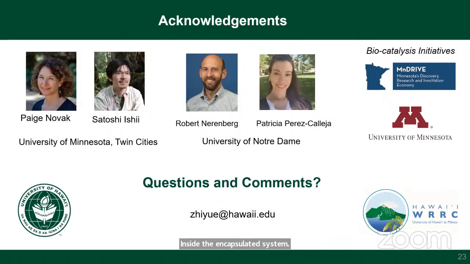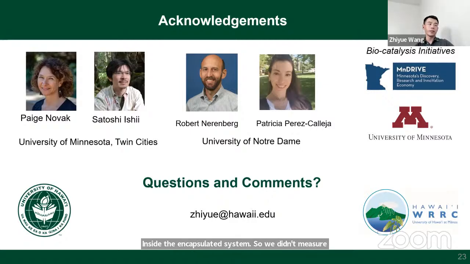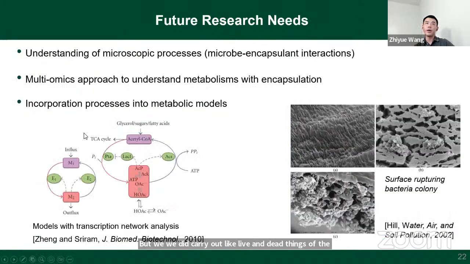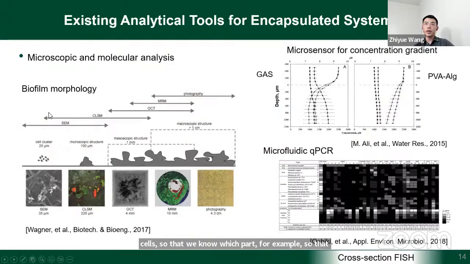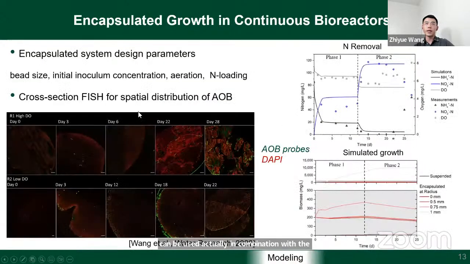Yeah. So we didn't measure EPS in the encapsulated system, but we did carry out live and dead stains of the cells. That can be used in combination with the microscopic tools so that we can see which bacteria are alive or dead, because DAPI will stain all the DNA materials, no matter whether they're alive or dead.